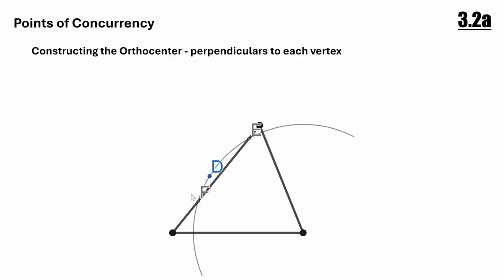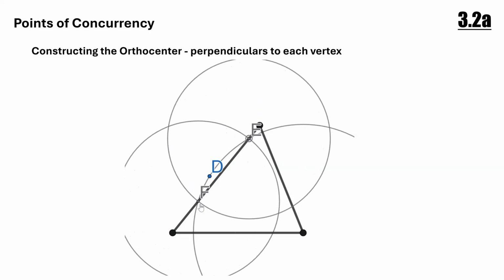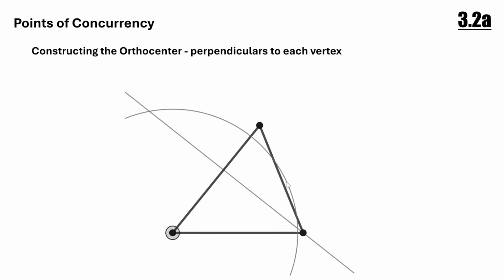Next, construct a perpendicular bisector to the points that intersect the arc and the opposite side. The line of the perpendicular bisector will run through the two arc intersections and the vertex. Repeat the process for the other vertexes.